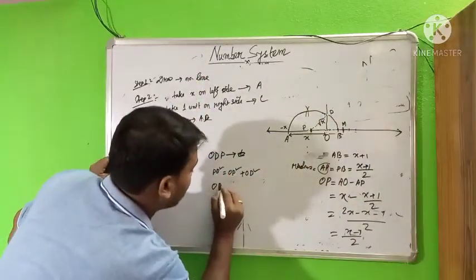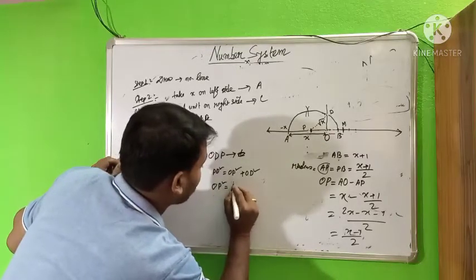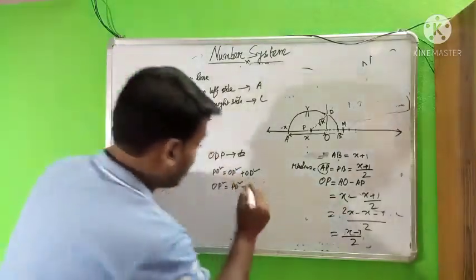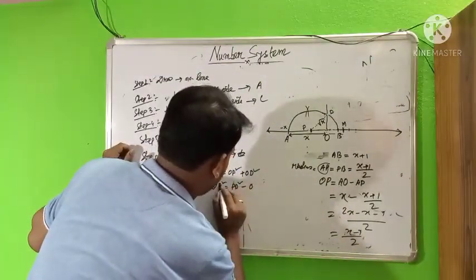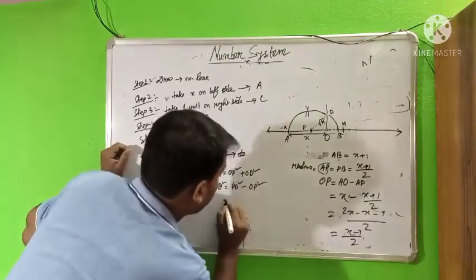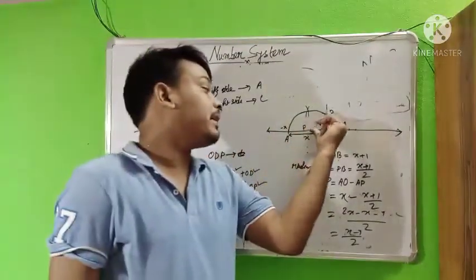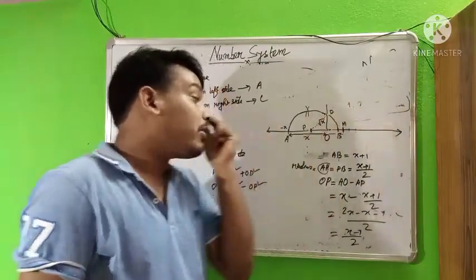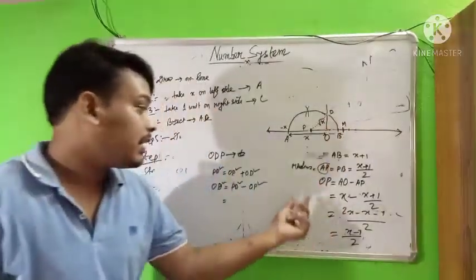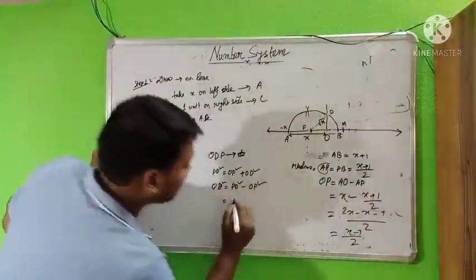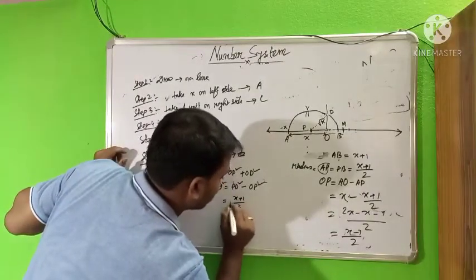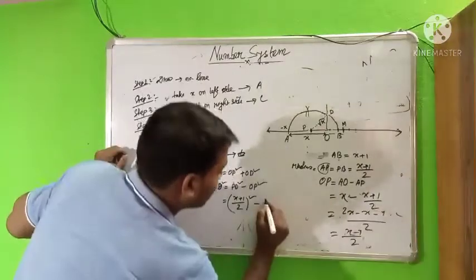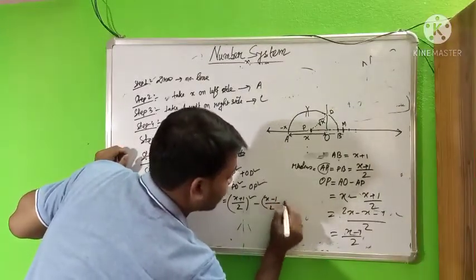So OD square equal to PD square minus OP square. So what is the value of PD? PD, that means the length of the center and any point on the circle. That means PD is the radius, and the value of radius is x plus 1 by 2. So x plus 1 by 2 whole square minus OP, which is x minus 1 by 2 whole square.